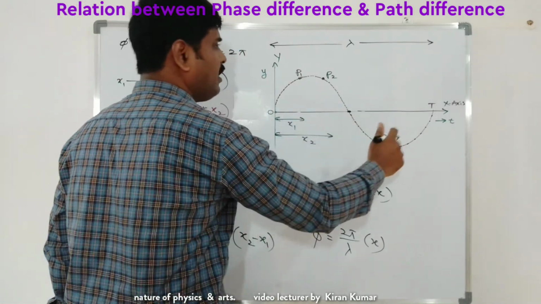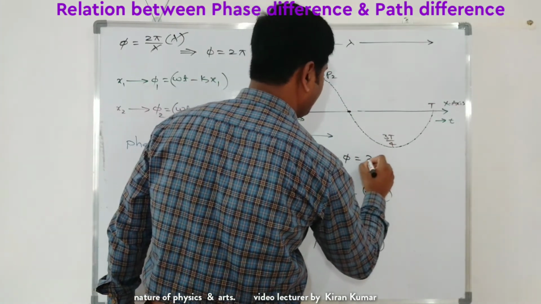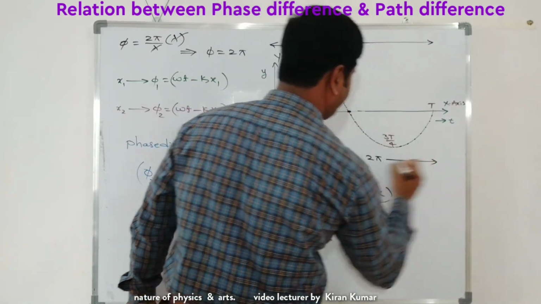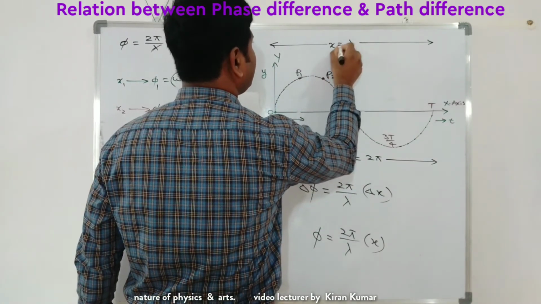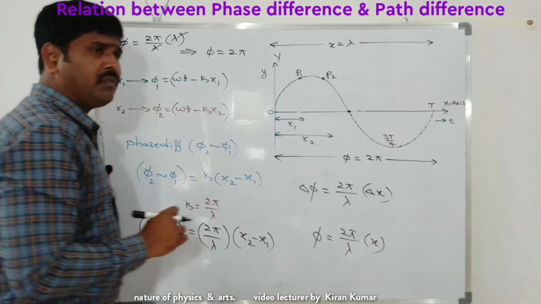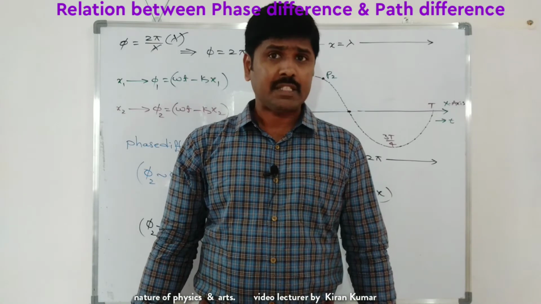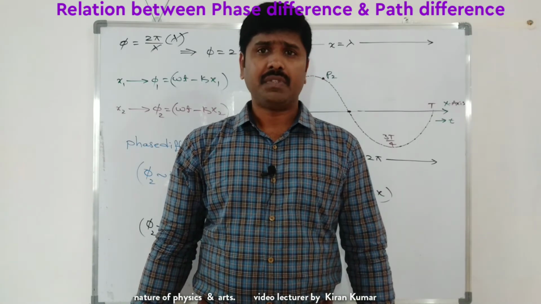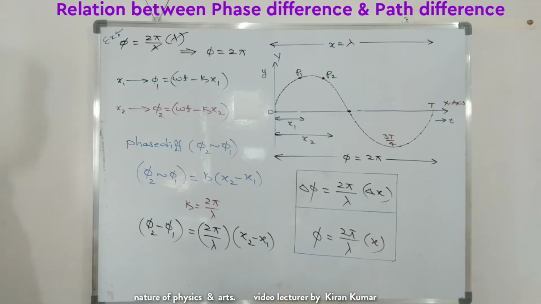Here phi, the phase difference, is equal to 2 pi. Try to understand, here x is equal to lambda. Okay, see, whenever the path difference is lambda, then the corresponding phase difference is equal to 2 pi.